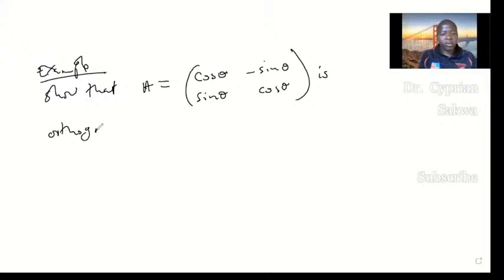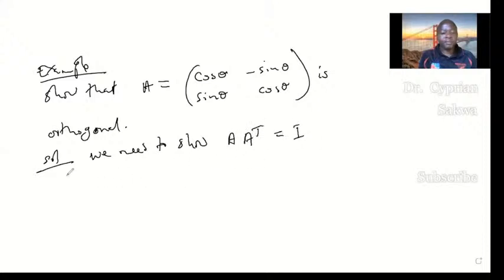Solution: we need to show that A times A transpose gives us the identity. So what is A transpose? The transpose of A is, we make the first row be the first column, and the second row we make it the second column.